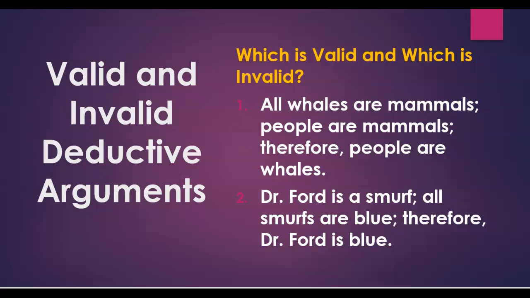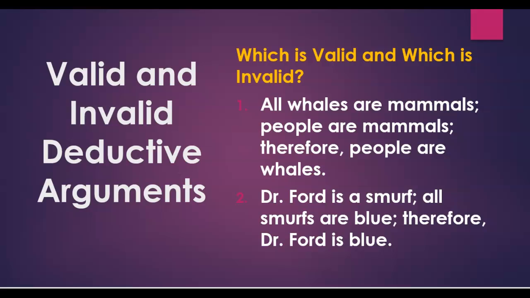When it's all said and done, look at those two premises. Do they lead 100% to the conclusion? And the answer is no. Why? Simply because people are mammals and whales are mammals does not mean that whales and people are the same. The reason is that there are a lot more kinds of mammals than just whales.